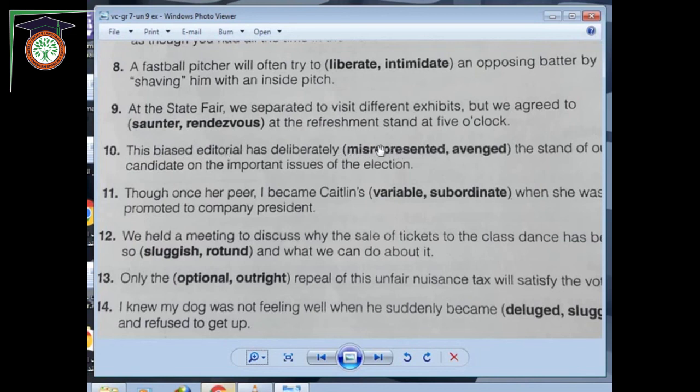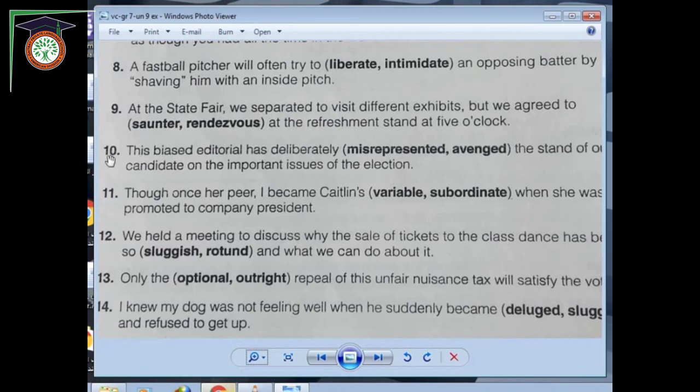False ideas misrepresent the stand of our candidate on the important issues of the election. So the helping clue here is biased editorial, an unfair article in the newspaper, giving false facts, misrepresenting our candidate. Alright, that's it. But not avenge, because this is no revenge against something, a crime or so.